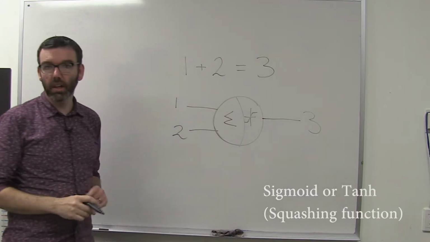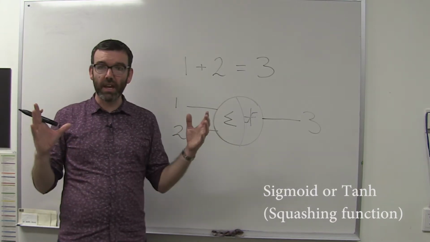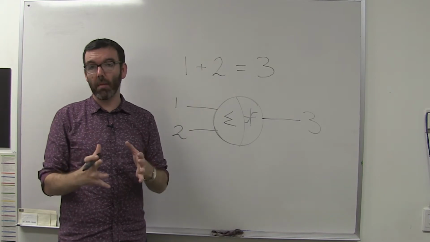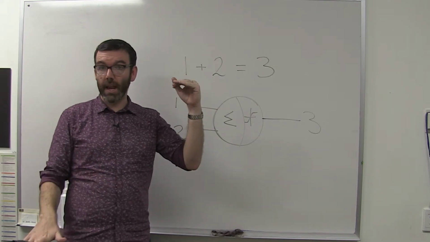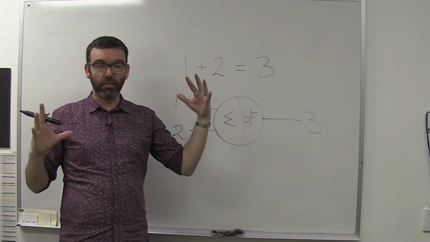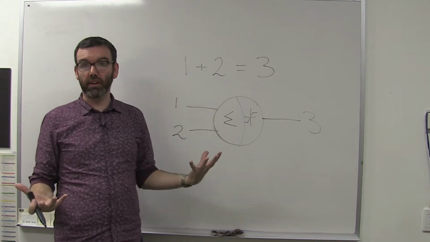These usually look like that small symbol there. Essentially, these functions take a range of inputs and squash them down to a set range, perhaps between +1 and -1, or +1 and 0. What you're trying to do is stop the outputs of these perceptrons becoming too large.